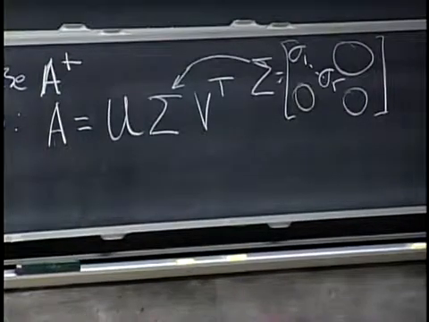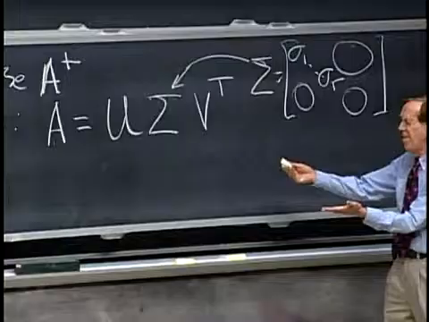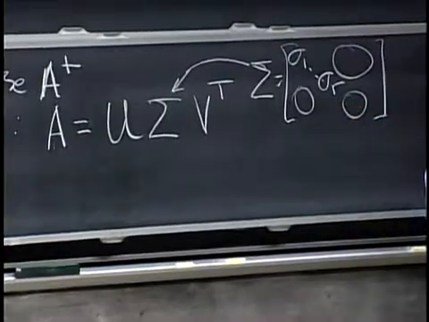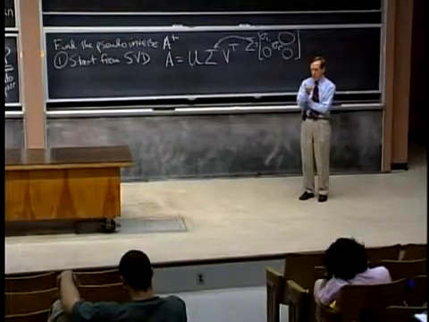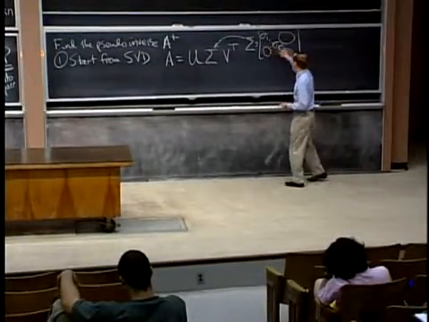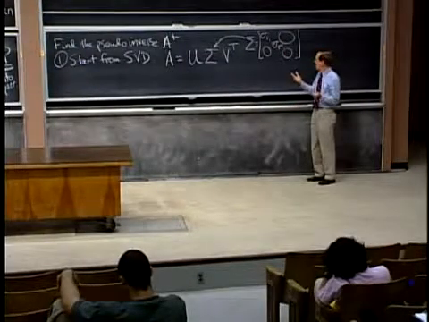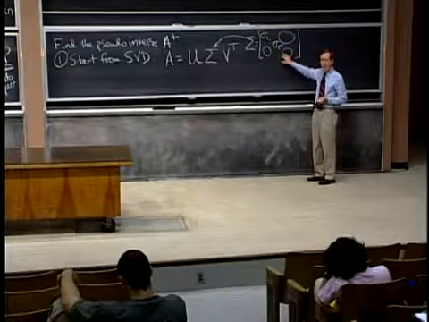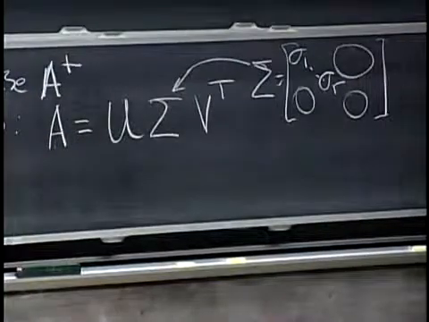So you can guess what the pseudo-inverse is. I just invert stuff that's nice to invert. Well, what's the pseudo-inverse of this? That's what the problem comes down to. What's the pseudo-inverse of this beautiful diagonal matrix? But it's got a null space, right? What's the rank of this diagonal matrix? r, of course.